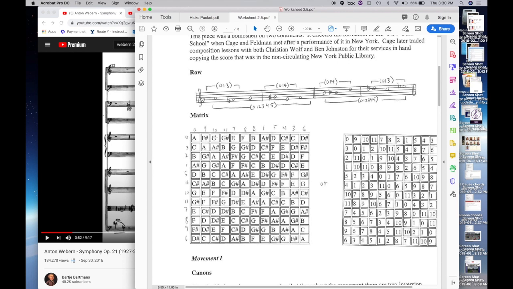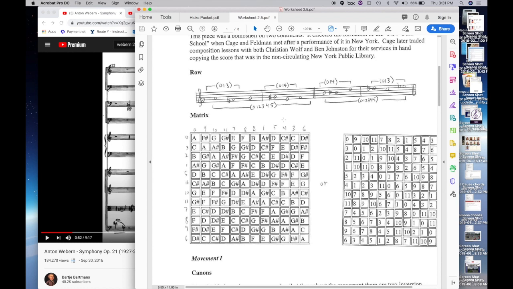Same thing. Okay, so we want the RI4 and the I10. RI4 is going to be right here. Let's look at it. G, A sharp, A, G sharp, C, B, etc. Those are the same row forms, just different titles.